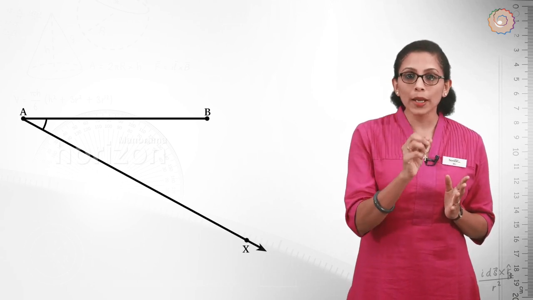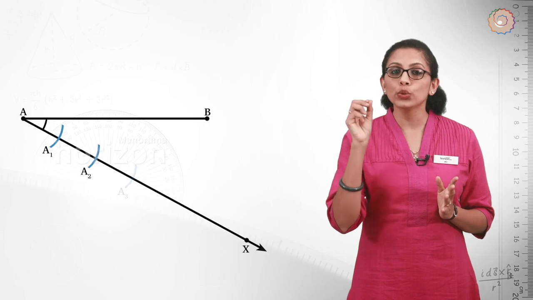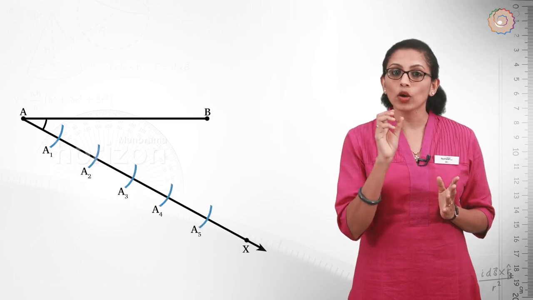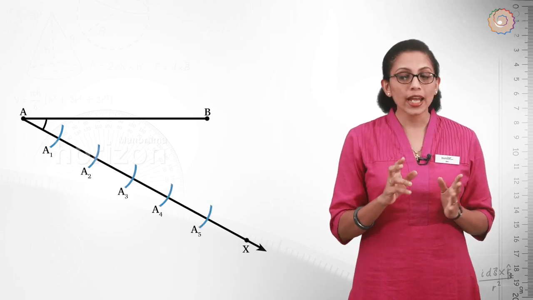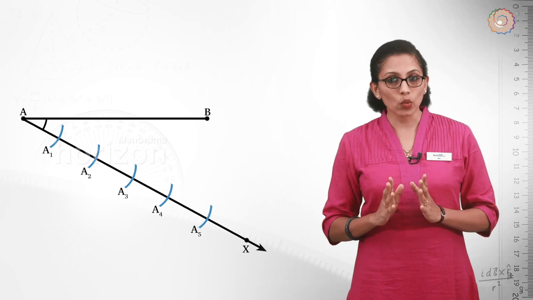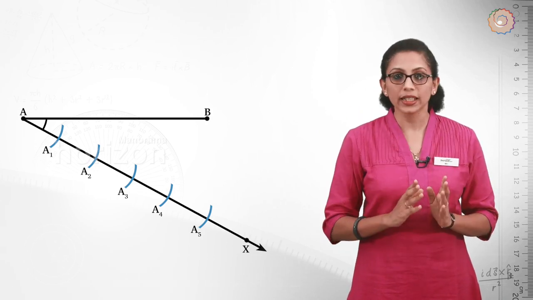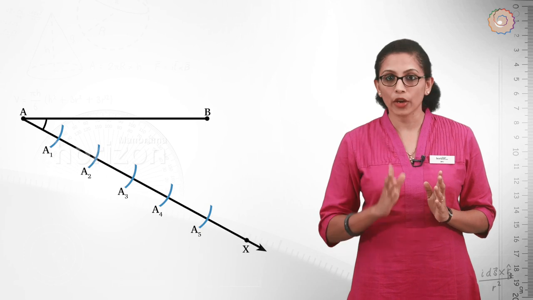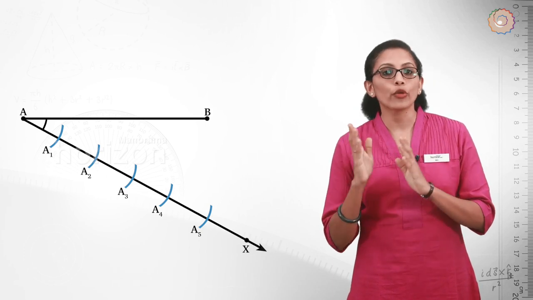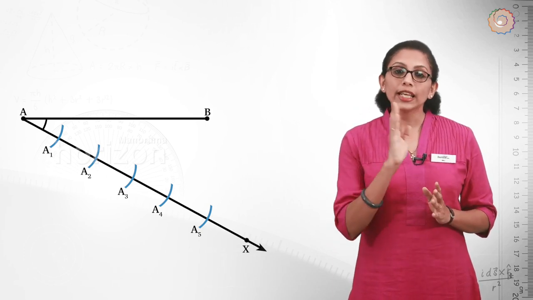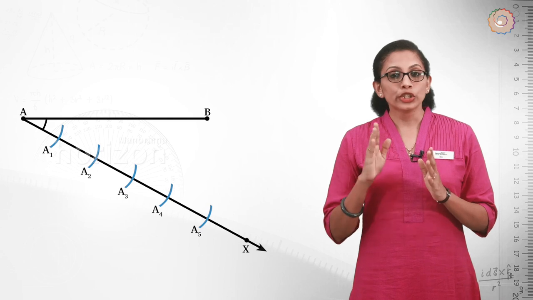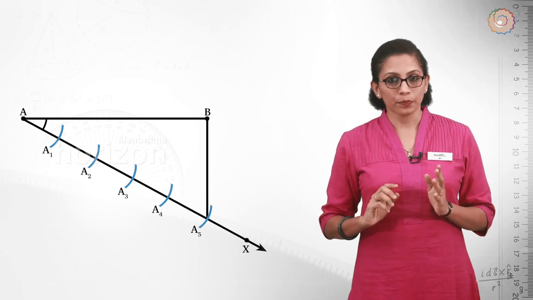So, mark 5 points A1, A2, A3, A4, A5 on AX such that AA1 = A1A2 = A2A3 = A3A4 = A4A5, by drawing equal arcs. Now, join B and A5.